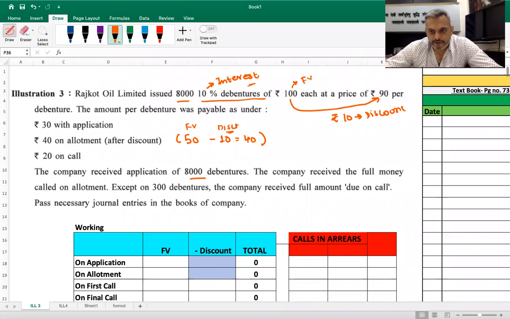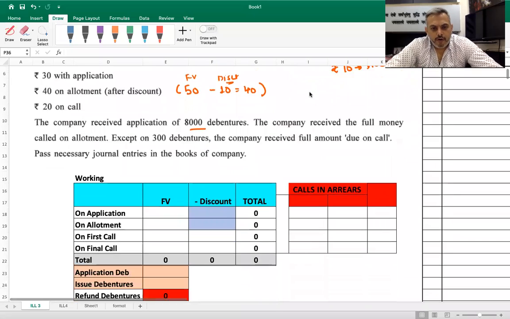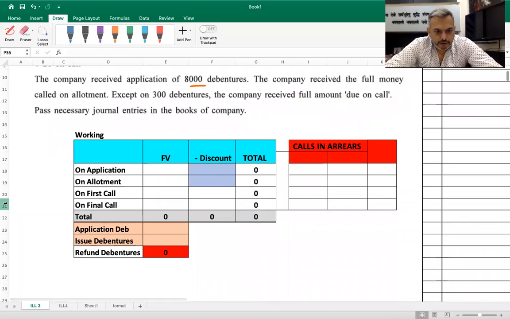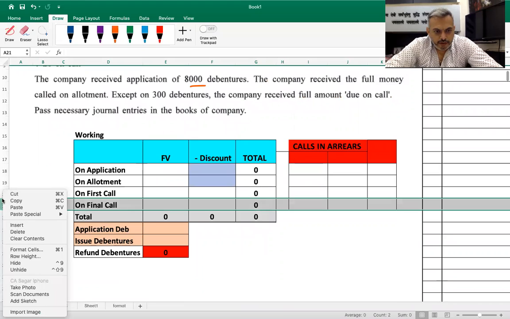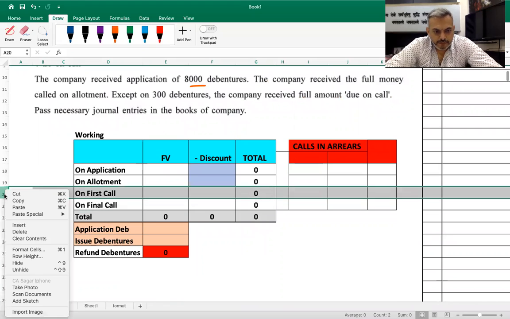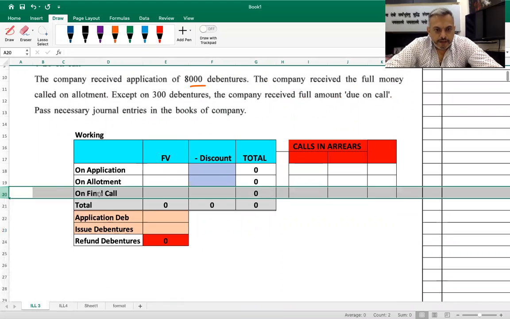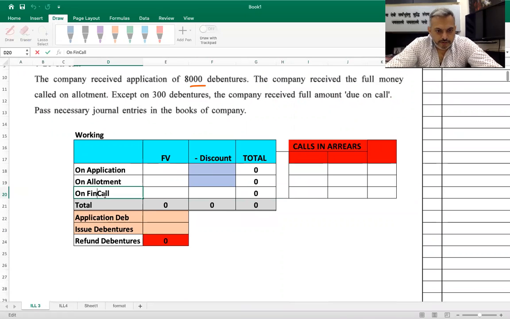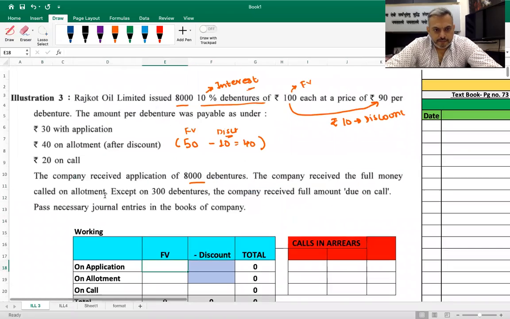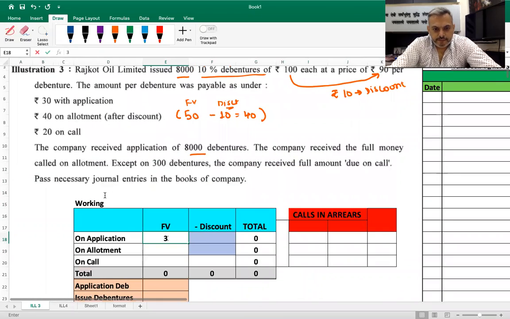So first, let's do the working. Okay, now over here, it is only call, so I'll remove this and I'll just make it on call. On application, 30 rupees.